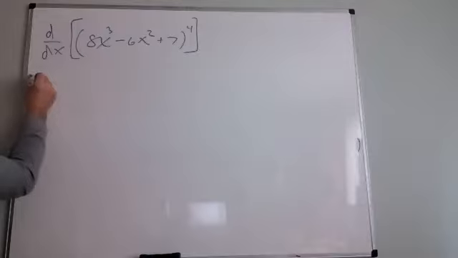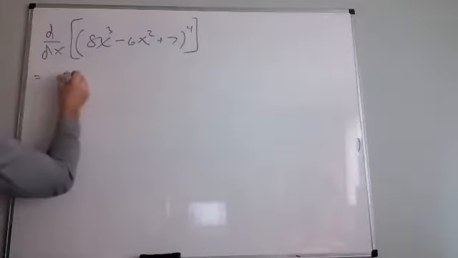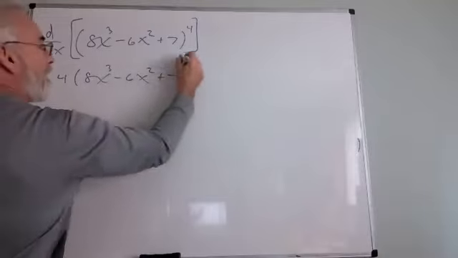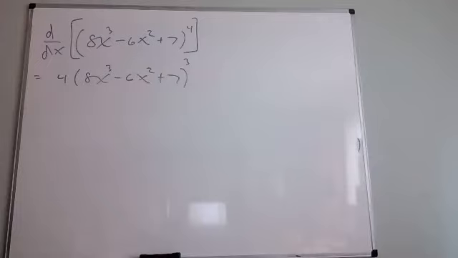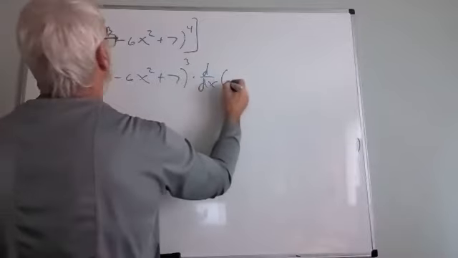I want to take the derivative of quantity to the 4th power. So this is thing to the 4th. So the derivative is 4 times thing to the 3rd. Okay, that's the most important part that I got that. But now the chain rule factor is times the derivative of thing.